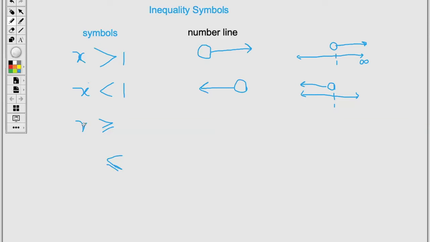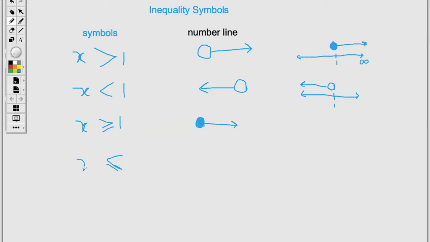If I have x is greater than or equal to 1, in this scenario I will have a shaded circle to mean that I am using the value 1, and I'm going towards positive infinity. Looking at this, the shaded circle means I am using 1 and numbers larger.